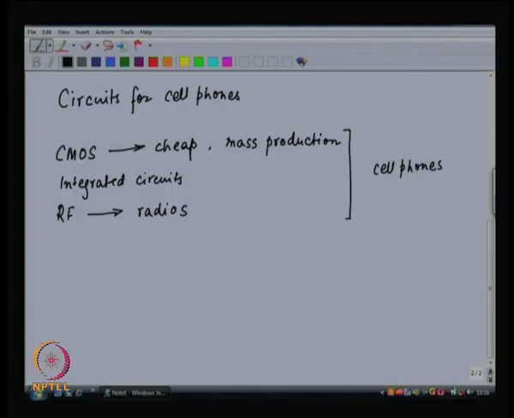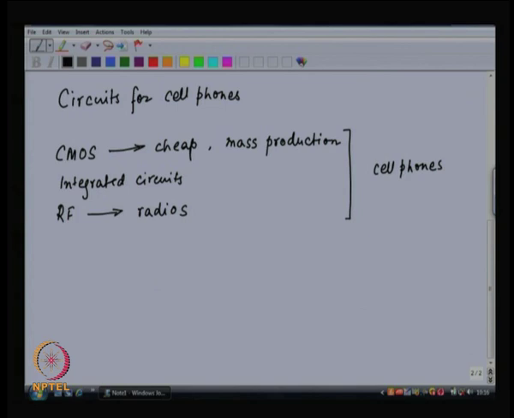So, they are highly integrated, they are cheap. Everyday cell phones are becoming cheaper and cheaper, and of course, there are extremely efficient radios inside cell phones. So, this course, in other words, is going to be about circuits for cell phones. So, yes, we are going to call it this fancy name CMOS RF integrated circuits, but in other words this course is going to be about circuits for cell phones.